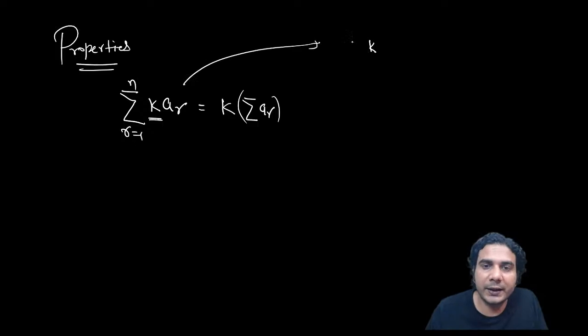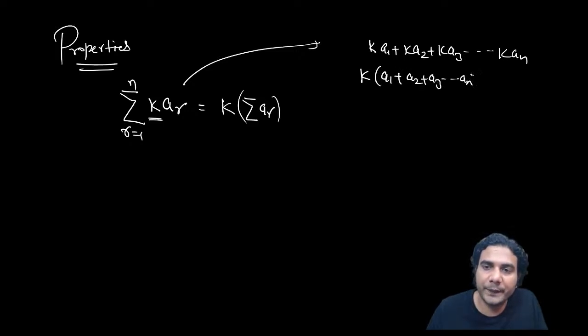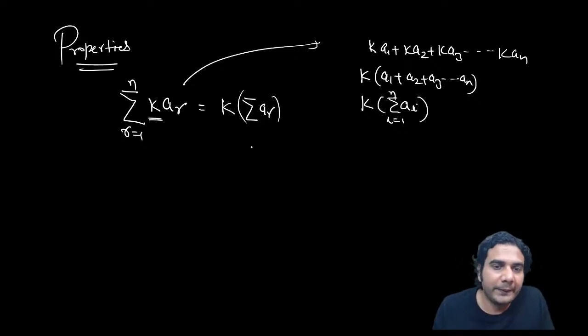Basically this was k a1 plus k a2 plus k a3, and so on up to k an. So you have taken k common. It is k into a1 plus a2 plus a3 up to an. So it is nothing but k into sigma ai, i from 1 to n. You can write i or r or m, whatever variable you want to choose. I hope you have got it. This is the first property.